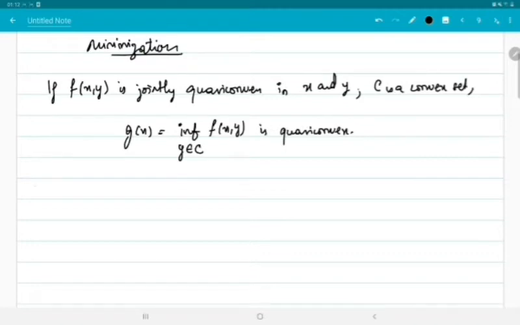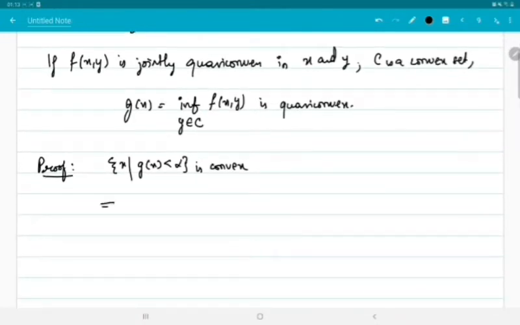So let us try to prove this. What we have to prove is that the alpha sublevel set is convex for g.